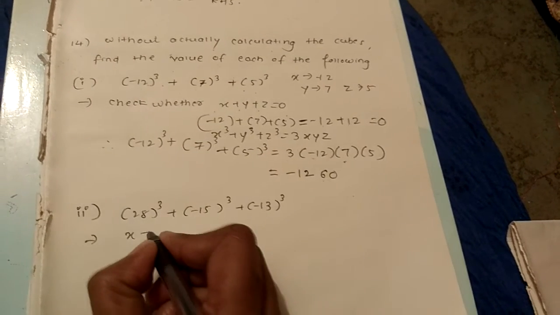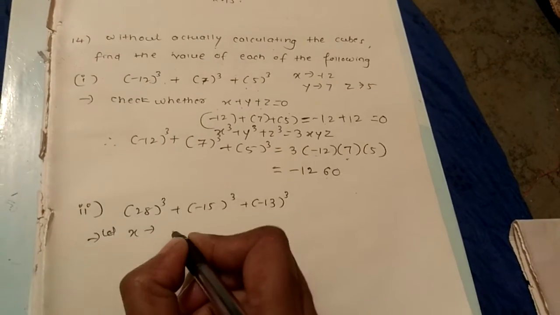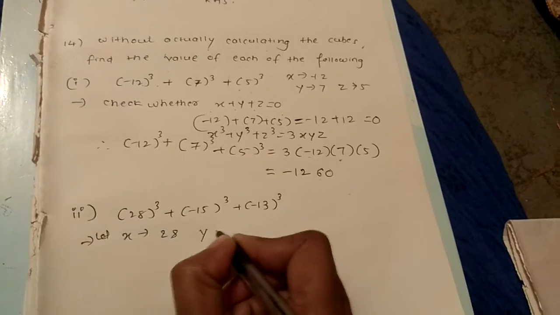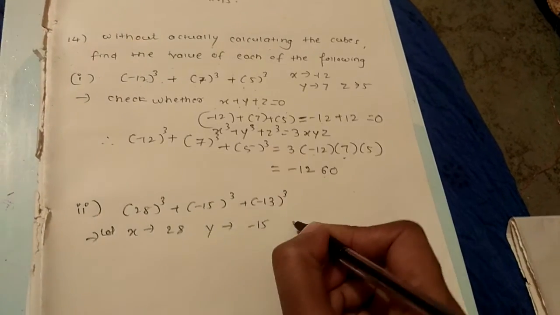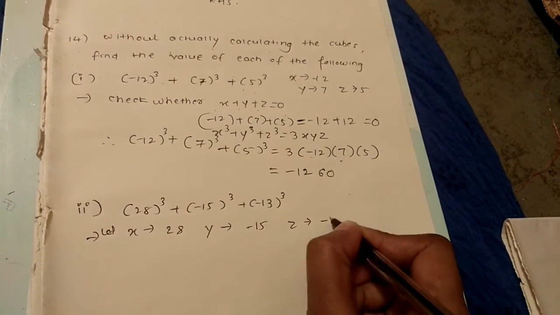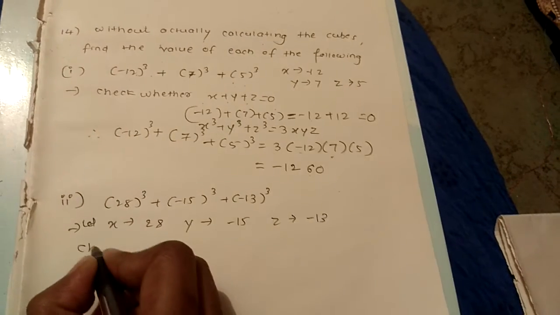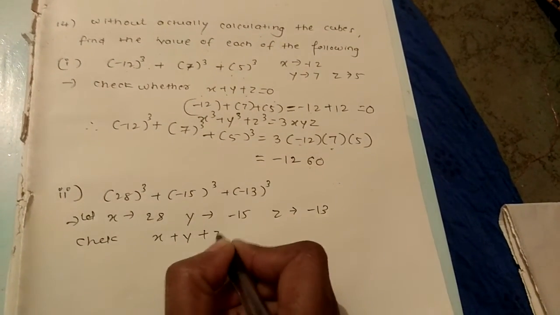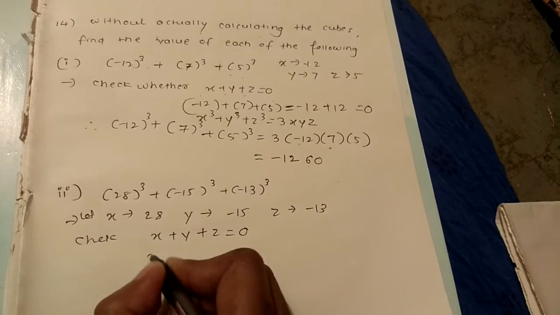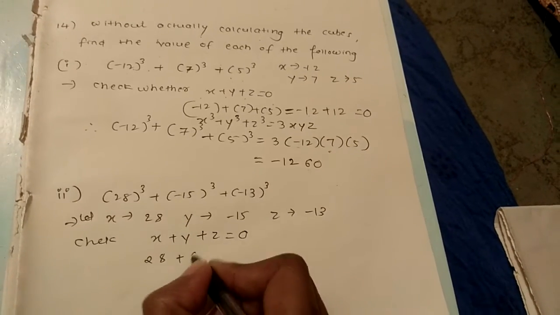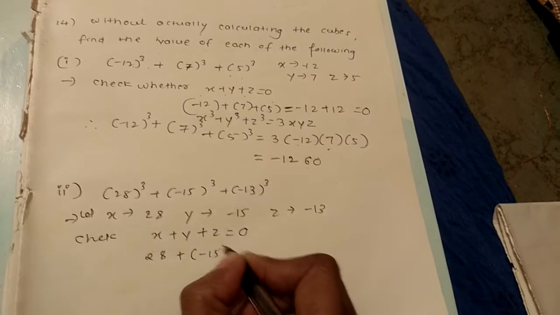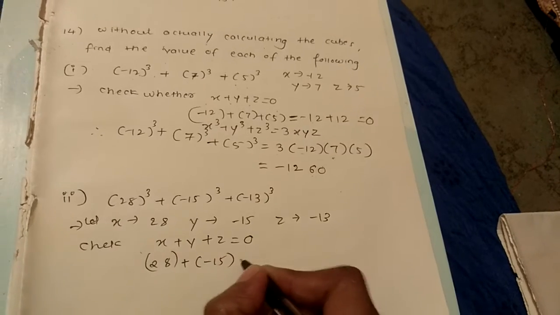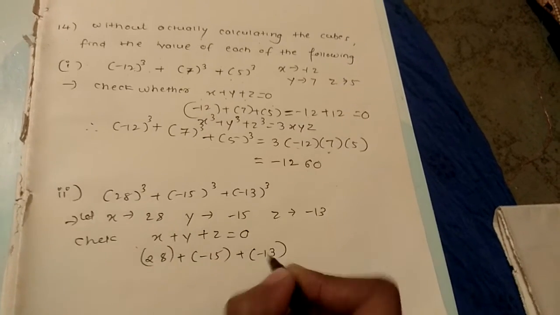Let us take x is 28, y is minus 15 and z is minus 13, and check x plus y plus z. So x is 28 plus y is minus 15 plus z is minus 13.